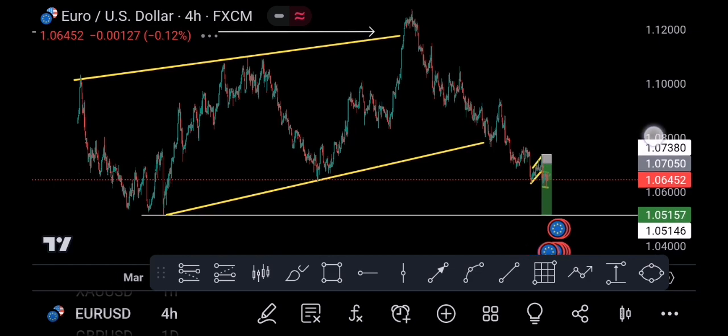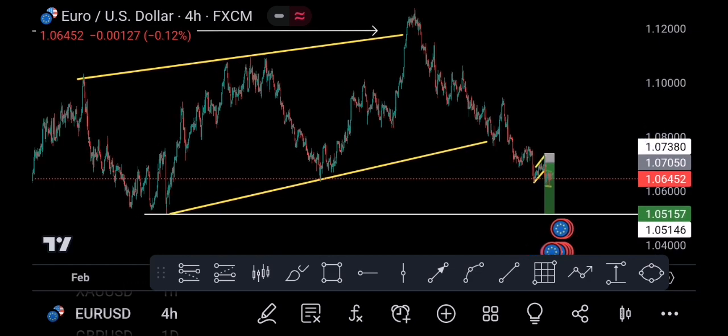Because trading is mostly about psychology, like the way we react when we are in a trade, or the way we respond when we miss a trade, things like FOMO and many more.